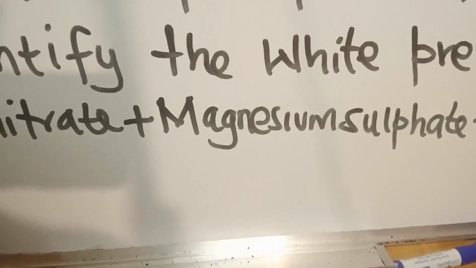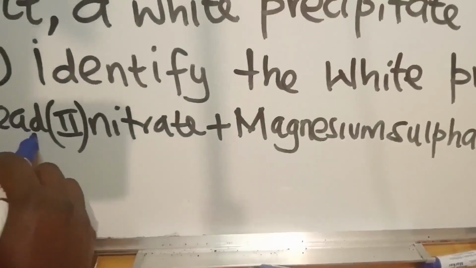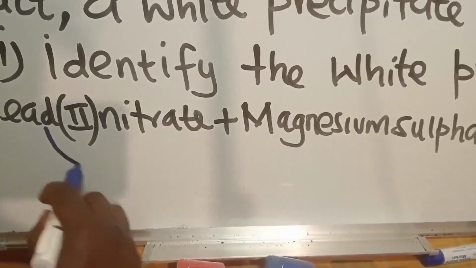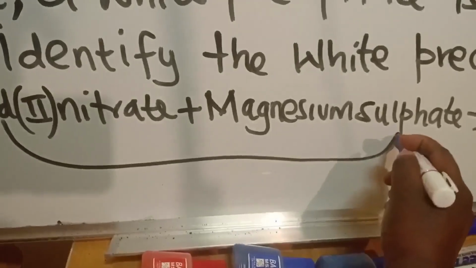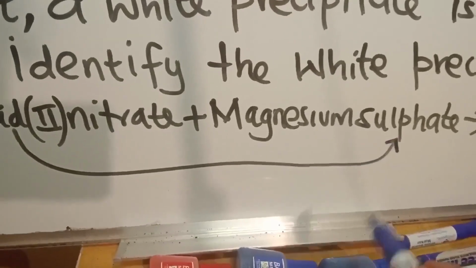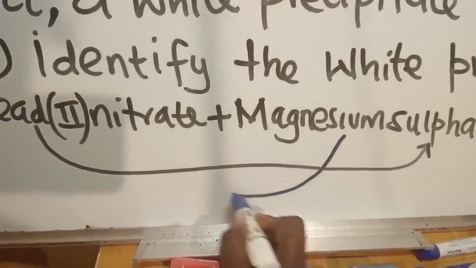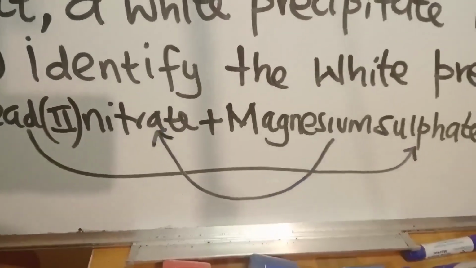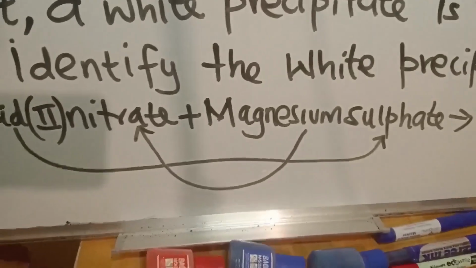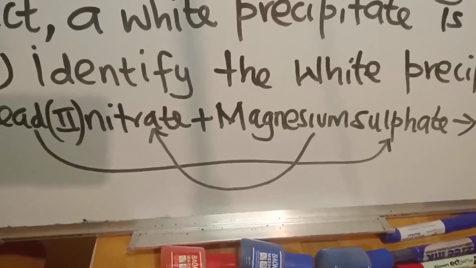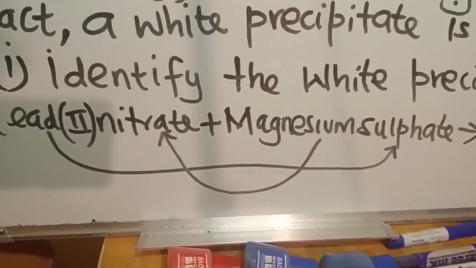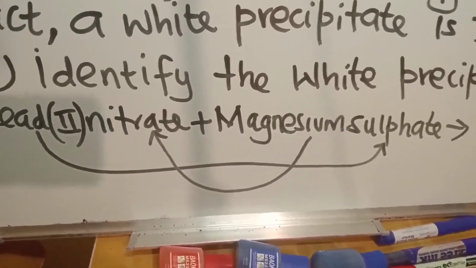So this lead will be taking the sulfate from magnesium, while magnesium will be taking the nitrate. So that once you do that using the arrows, you'll be having an easy time when writing the products.